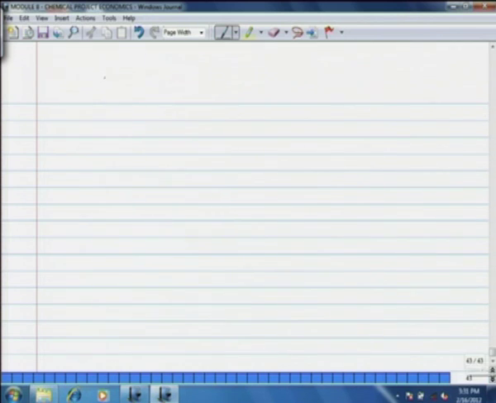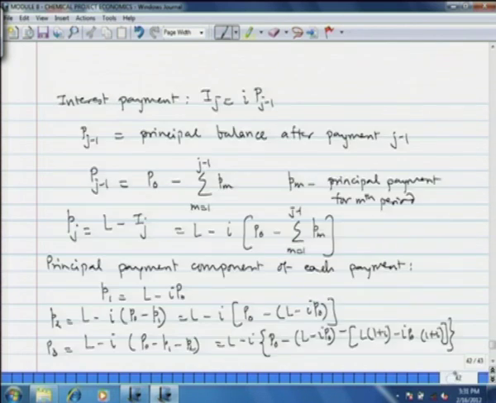For the jth period, the term for P3, we can simplify.